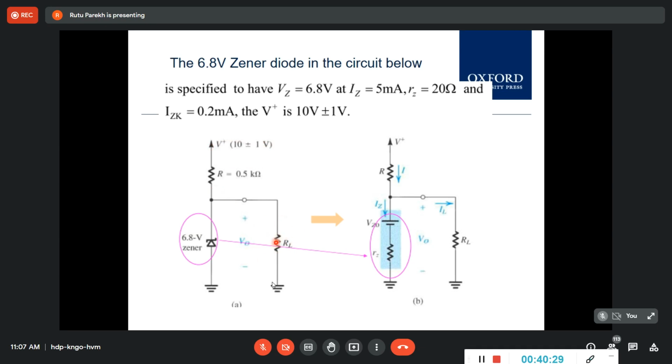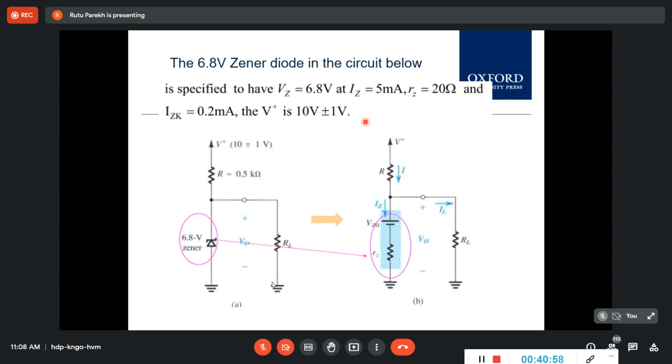Think of that as an LED, but this is an input resistance of the next stage circuit. And in parallel to this, the Zener will be connected. So this is how it is, and we just understand the problem. And if there is a fluctuation here, then how much change in the current will happen at the load? That's what we want to see after the Zener is connected.